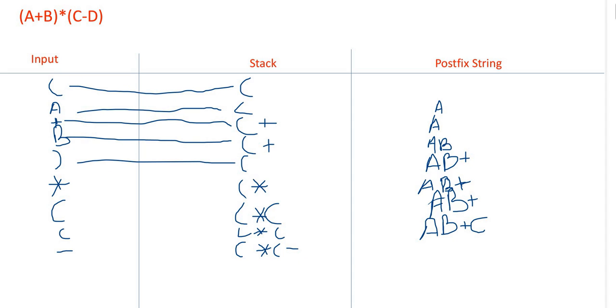Our postfix string will be a b plus c. Okay, after that d will be in the input, and d will be added to the postfix string.